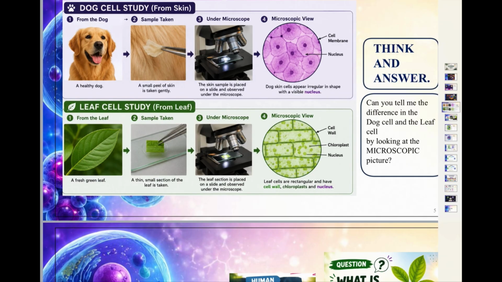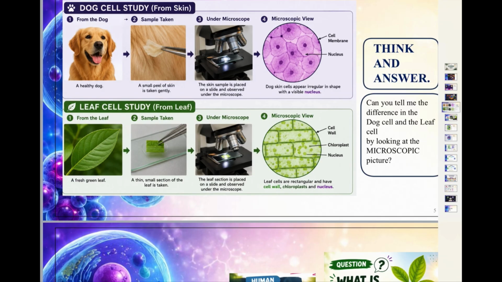For the dog cells, as you can see, the cells are irregular in shape. Now can you imagine why it is irregular? Because the animal cells lack the cell wall, right? Cell wall is absent in them. So that's why no proper shape is there in case of the animal cells. And in case of plant cells, they have the cell wall, which is giving a rigid shape to the plant cell.